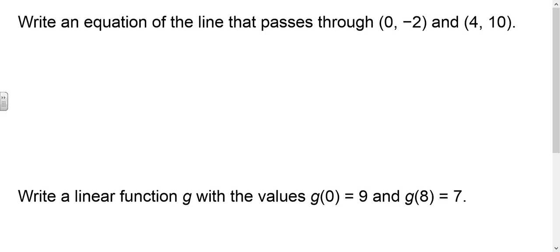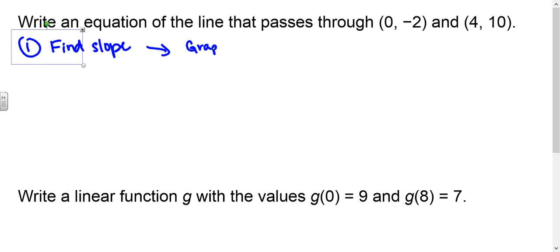First we know that we need to find the slope, and there are two ways that we know about for finding slope. One way would be by graphing. I could graph these points if I wanted.